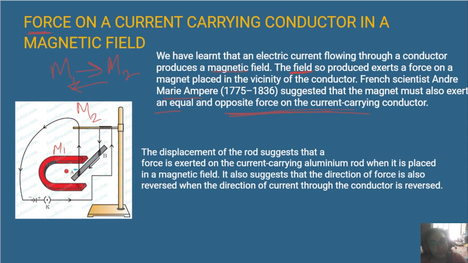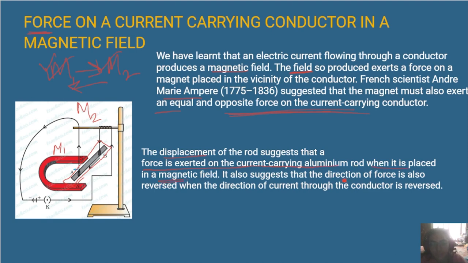So what is basically happening is that due to both of them exerting a force on each other, the rod that is placed here, through which current is being supplied, gets displaced. Now, why is it getting displaced? Because a force is being generated, as a result of which there is displacement. So the displacement of the rod suggests that a force is exerted on the current carrying aluminium rod when it is placed in the magnetic field.